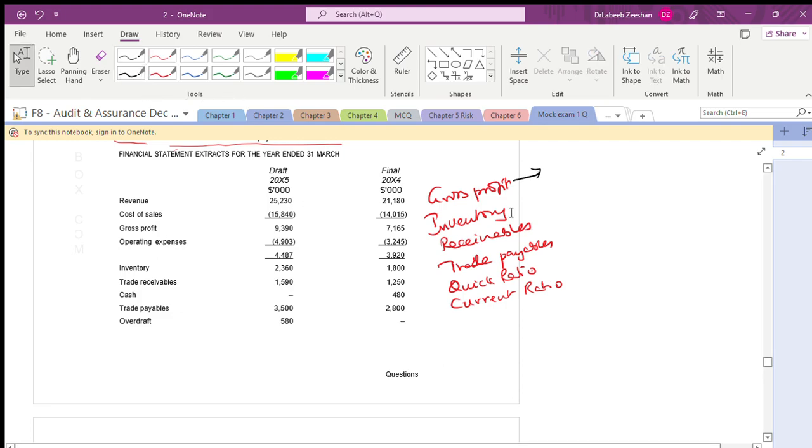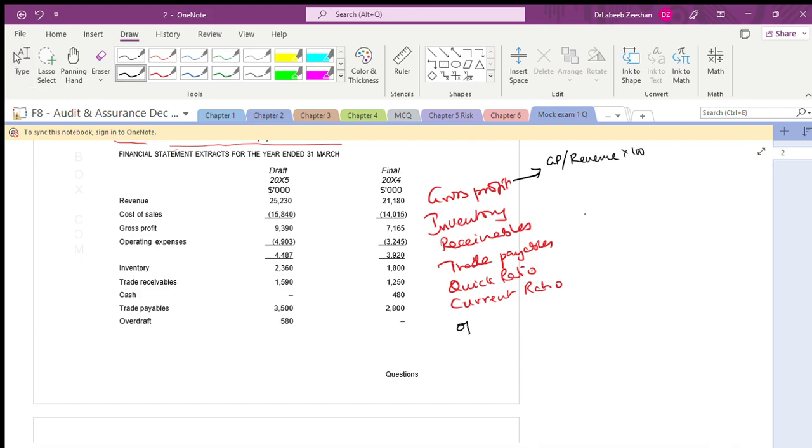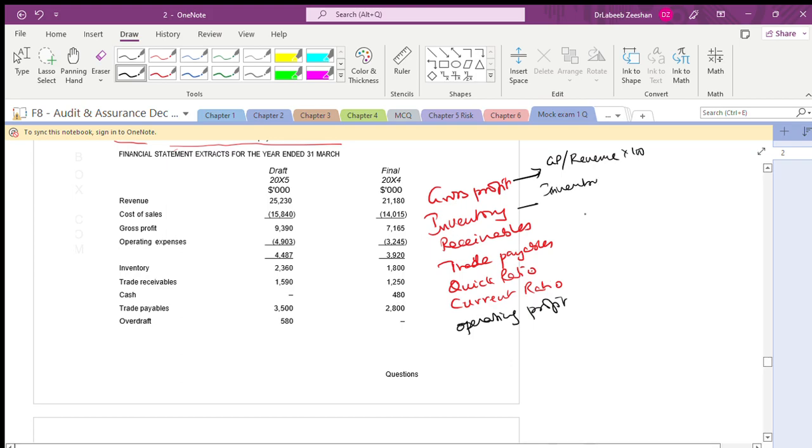What is the formula for this? Gross profit divided by revenue. Also, we can calculate operating profit. Next, inventory days: inventory divided by cost of sales into 365.